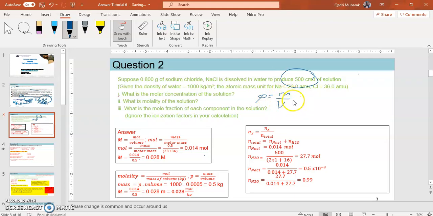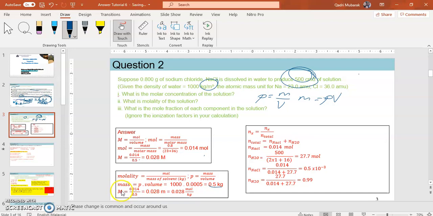By rearranging this formula, we can get mass equal to density times volume. Again we need to know how to convert this to meter cube, and then we get 0.005. So we do it, and then we can get the mass of solvent, which is 0.5 kilogram, and then we put it in the formula.